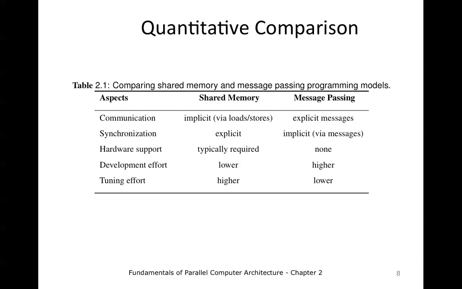Now there's a lot of debate about which one is best for programmers, shared memory or message passing. But as we can see, they do have different characteristics. For example, in development effort, a message passing program is typically more complex because from the get-go, from the writing of the program, programmers already have to think about how to partition data, which data is stored in which process, which data gets communicated to another process, and so on.